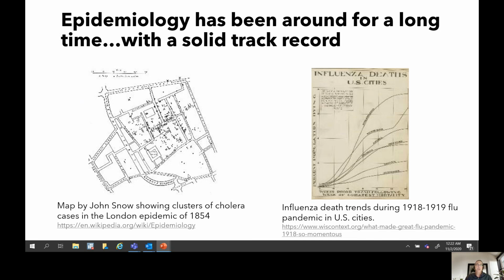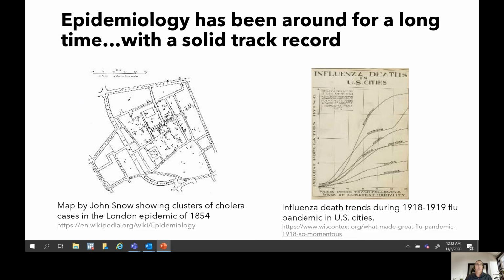One of the things that he really brought to the table in terms of investigative technique or field epidemiology was mapping where cholera cases were in central London.